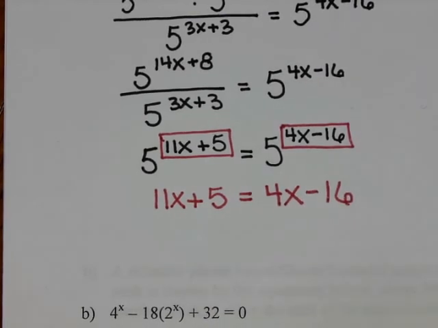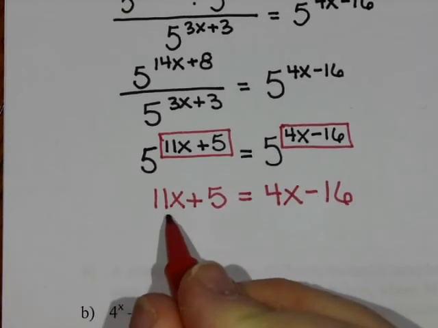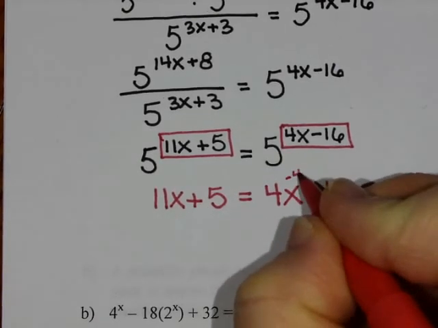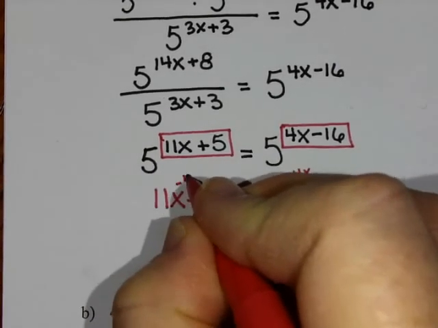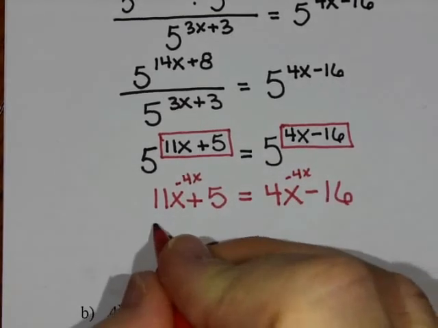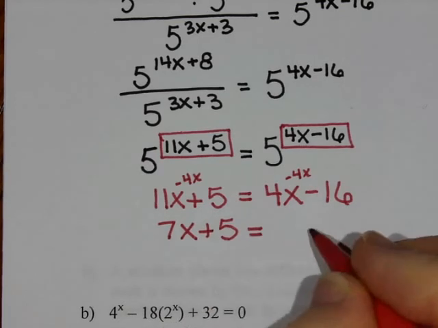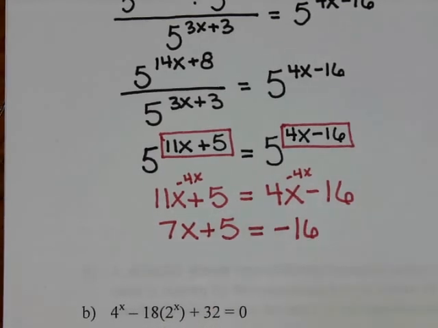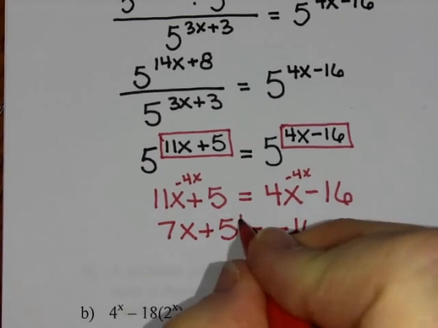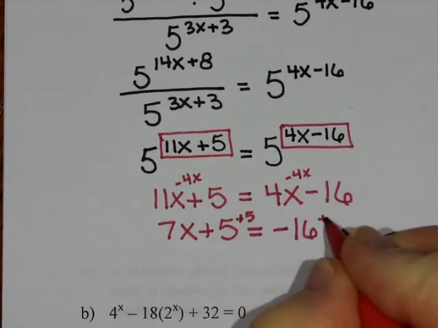From here, I just have a linear equation that I should be able to solve. I'm going to start by taking all of my x's to one side. I have more x's on the left, so I'm going to take away 4x from each side. 11x take away 4x is 7x. So 7x plus 5 equals negative 16. Then I'm going to add 5 to each side.